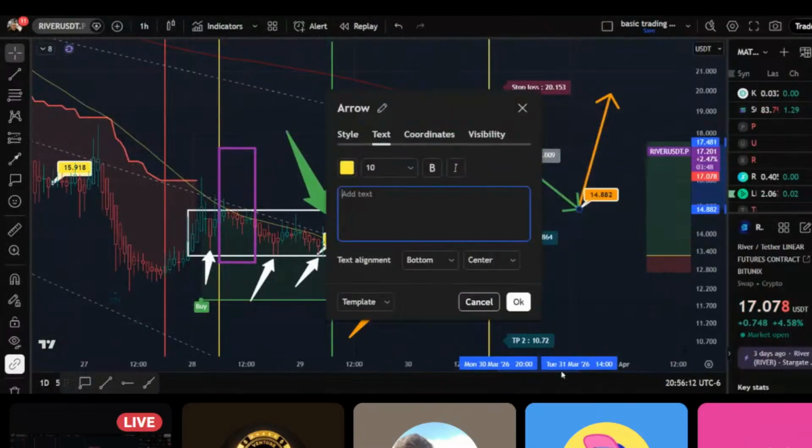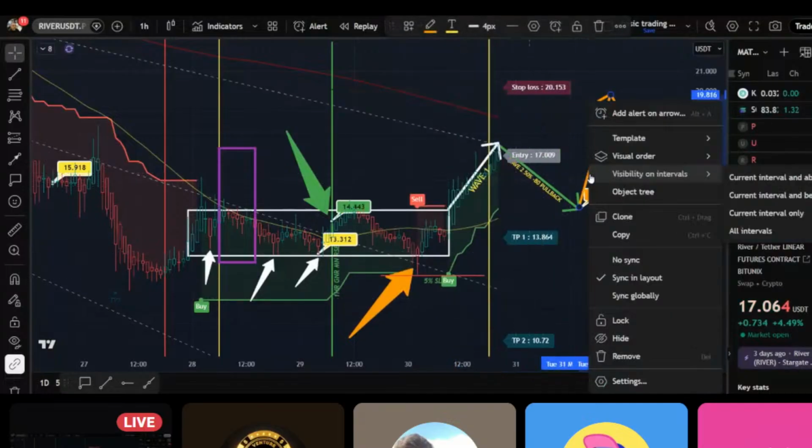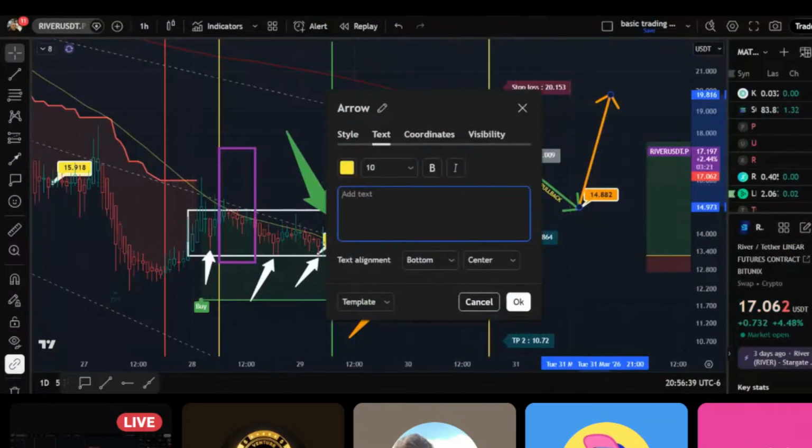Wave two, which is normally a 50% pullback, and it can go from 50 to 80% pullback. That's wave two. And then wave three is normally the wave that is the biggest wave.